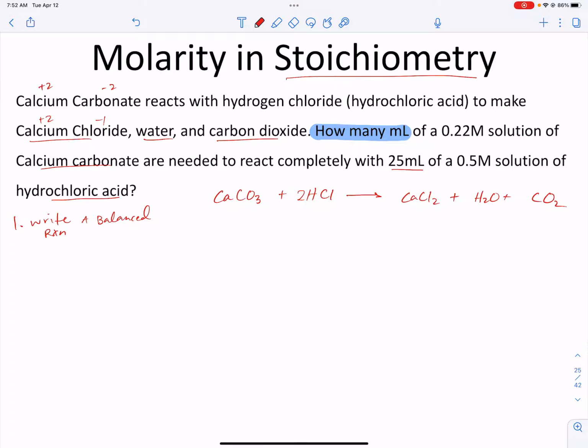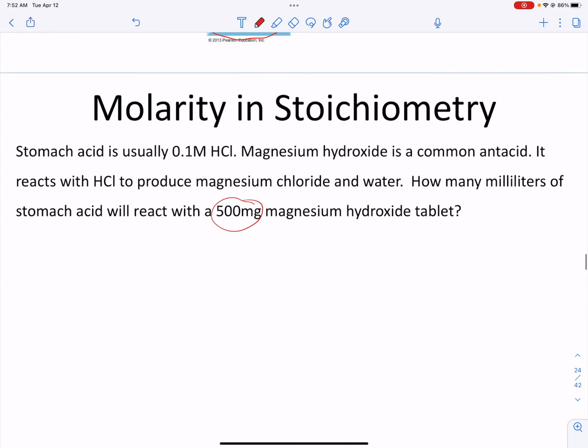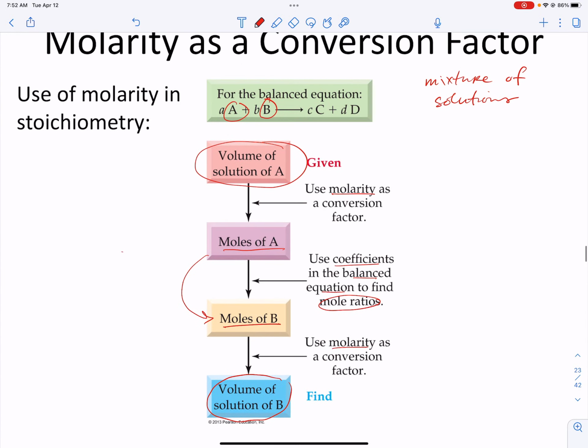How many milliliters of a 0.22 molar solution of calcium carbonate are needed to react completely with 25 milliliters of a 0.5 molar solution of hydrochloric acid? Okay, so rereading that question part, we have to go back to our diagram. We have to start with a volume, okay? And it says right here to start with whatever volume you're given.